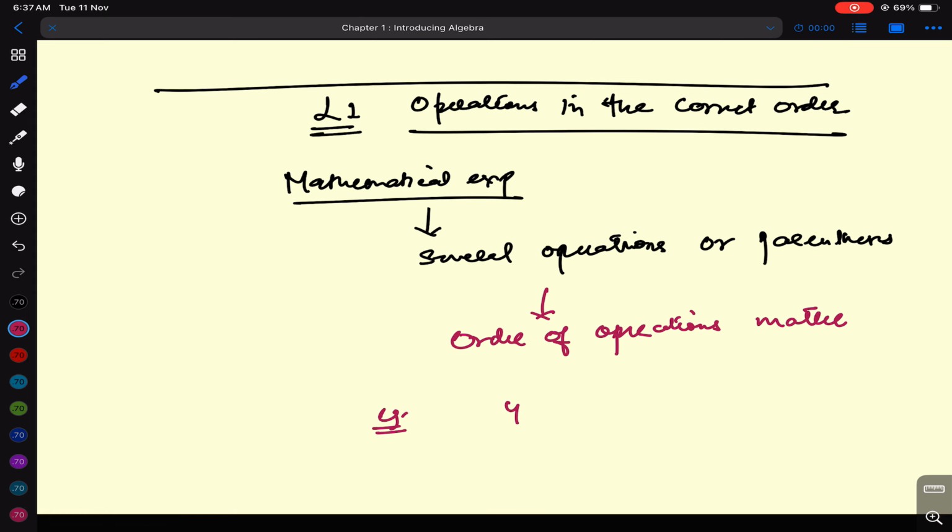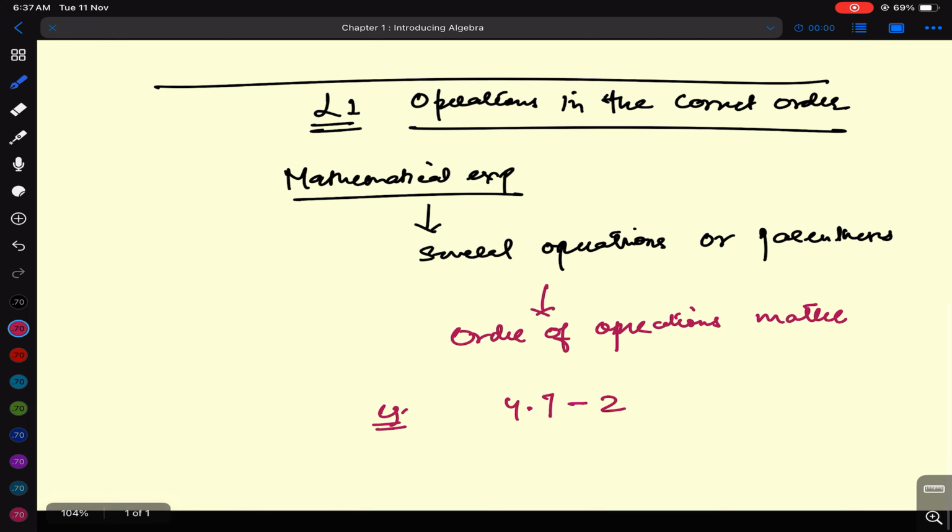Let's say we have 4 times 7 minus 2. Here you see that there's a multiplication operation between 4 and 7, and there is a subtraction between 7 and 2. So these are the multiple operations that we have as a part of this mathematical expression, right?